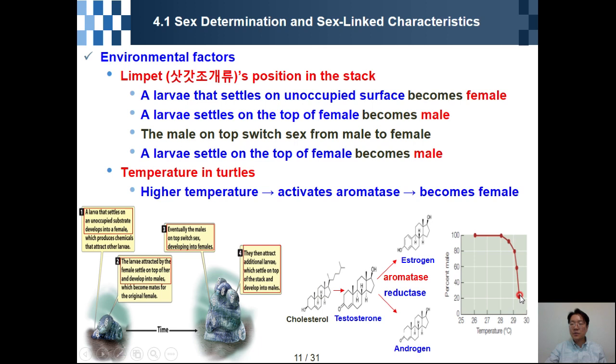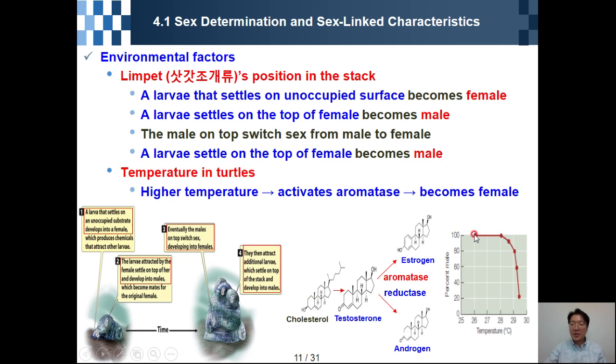How about 29.5? About 80% of the offspring will be female.